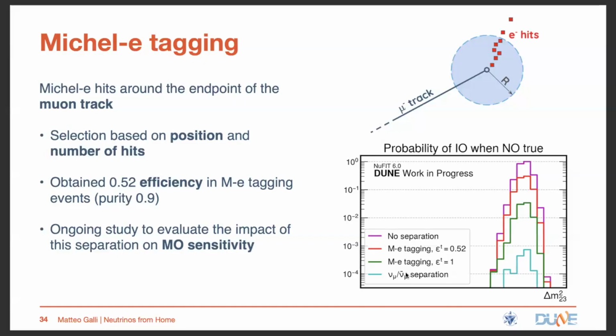What we can appreciate for the moment is that even considering the efficiency that I found so far, we can see a decrease in the probability that inverted ordering parameters could explain the normal ordering setup. So this study is promising, and I'm working now to include backgrounds in the sensitivity study.